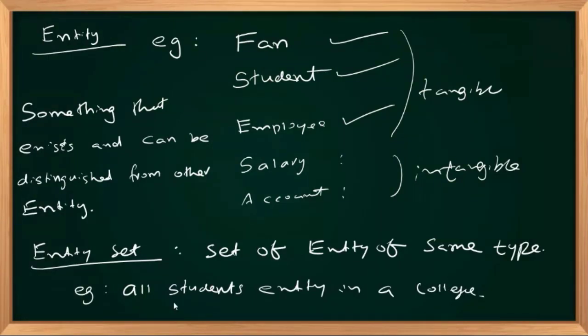Then we have to study the entity and the relation between them. What is an entity? This is from an exam point of view. Entity means anything in the real world, any object. For example, a fan is an entity, a fan is an object. Students is another entity, another object.